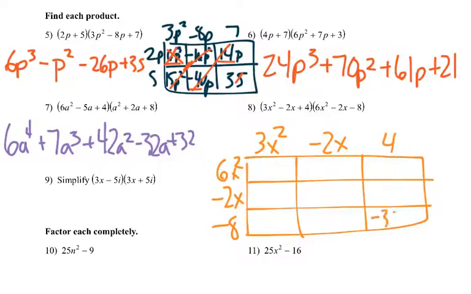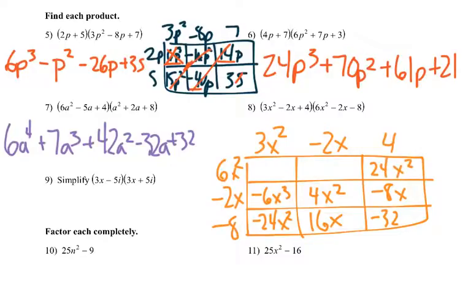Okay, so negative 32 here, positive 16x, negative 24x squared, negative 6x cubed, positive 4x squared, negative 8x, 24x squared, negative 12x cubed, and 18x to the 4th. Now I'm going to clear this out so I have space to write it down.